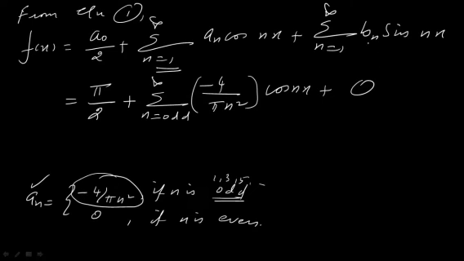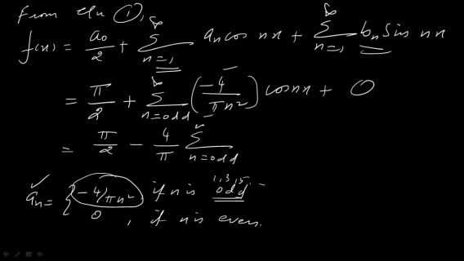So if bn value is 0 this entire term becomes 0. So that is equal to pi by 2. If you take the constants outside, that is minus 4 by pi, sigma n is equal to odd to infinity. Inside that you have 1 by n square alone cos nx.